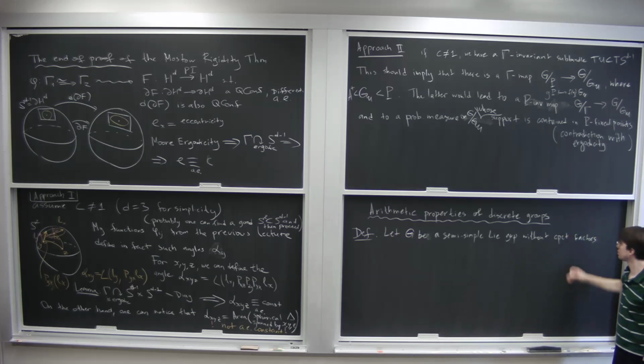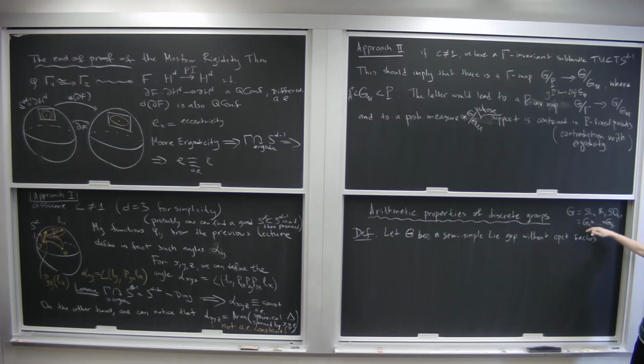Basically it means that G can be something like SL_n(R), SO(n,1), or a product of... I'm a little bit sketchy here, but its connected component is isogenous to a product of simple components, none of them being compact.